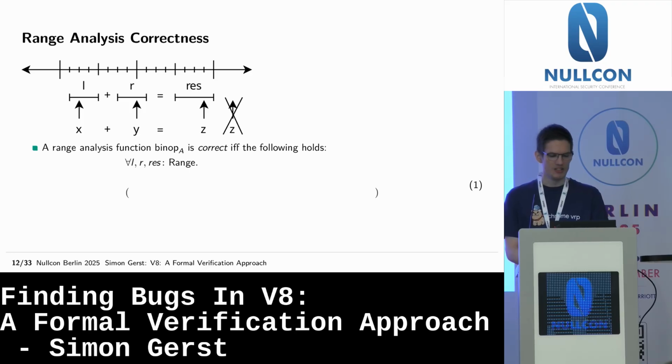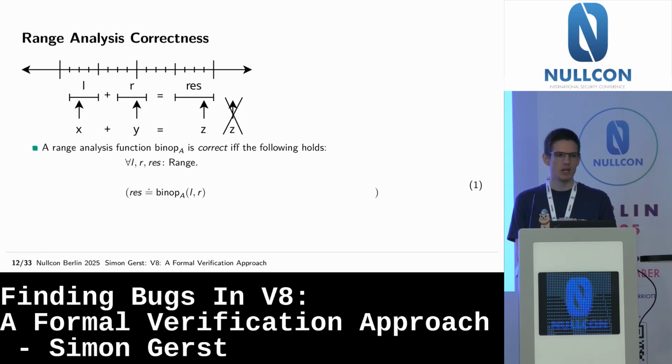And now a bit more formal definition. We have a left range, a right range, and a result range, and we get the resulting range by applying our abstract operator, for example, our abstract addition, to the left and the right range. Then we have concrete floating point values x, y, and c, where we get c by applying the concrete operator to x and y.